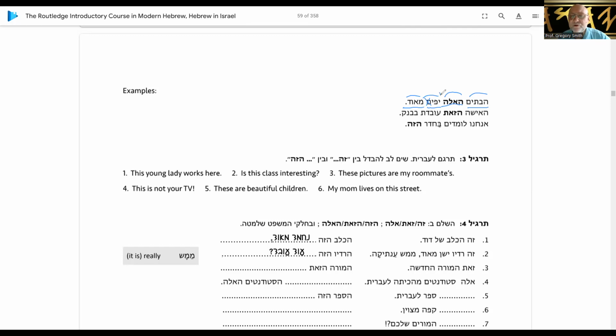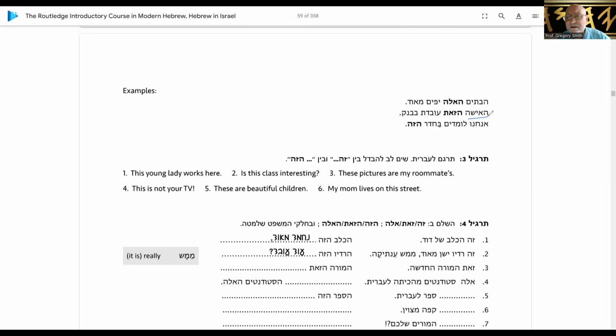Because yofim means beautiful, and me'od means very. So habatim ha'ela yofim me'od. And then it does pronounce it as yofim. Okay, so these houses are beautiful.